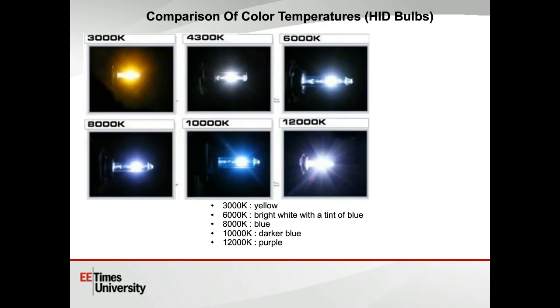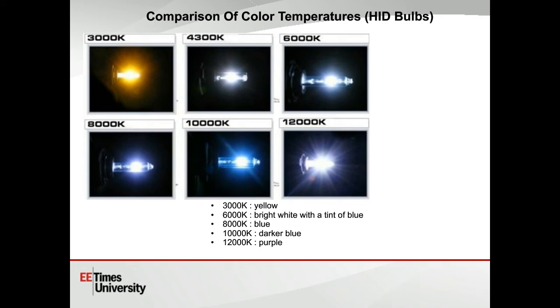This is a comparison of color temperatures of different high-intensity discharge bulbs. Generally speaking, the lower temperatures tend towards the red end of the spectrum, and as we get higher temperature, we go up to the blue end of the spectrum.